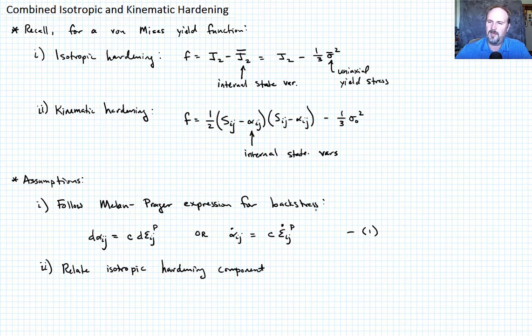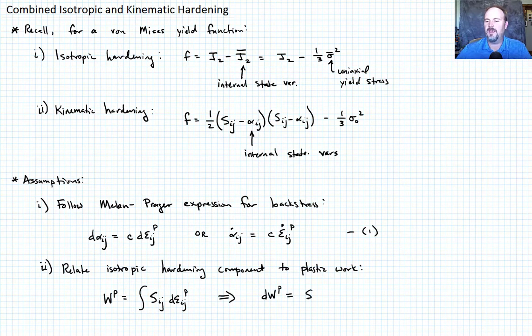So that would be effectively replacing the sigma bar here, but we're going to relate the isotropic hardening component to the plastic work. And we could write the plastic work as the integral of Sij times d epsilon ij plastic, right? That basically gives us how much is dissipated, and we could also infer from this that the increment of the plastic work is just equal to Sij times d epsilon ij p. Let's call that equation 2.